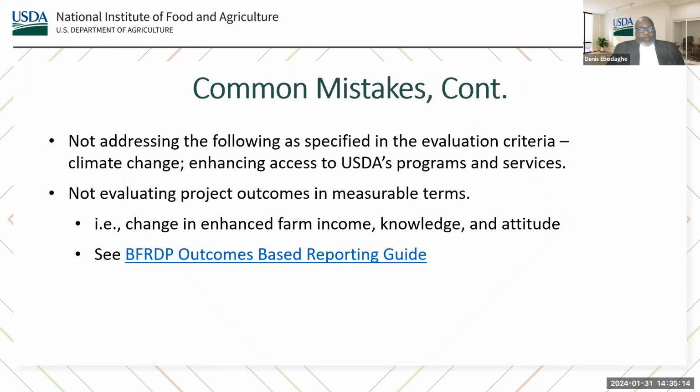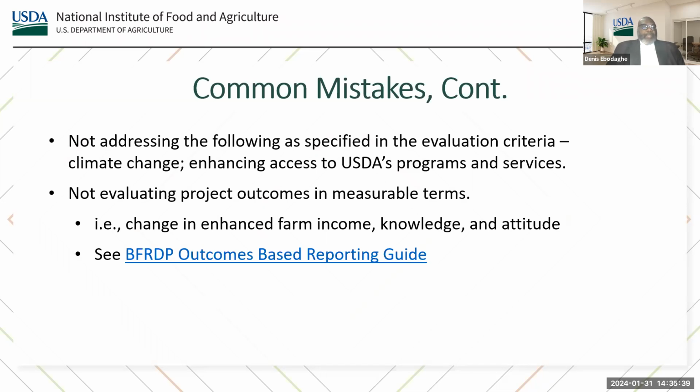Now, when it comes to some common flaws in the last 2 years, we see that enhancing access to USDA programs and services and addressing climate change don't get addressed, yet they are in the request for applications.